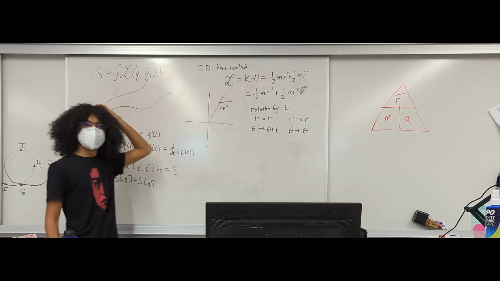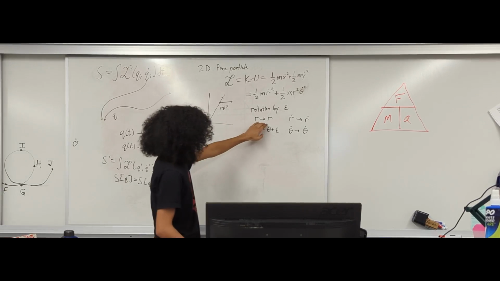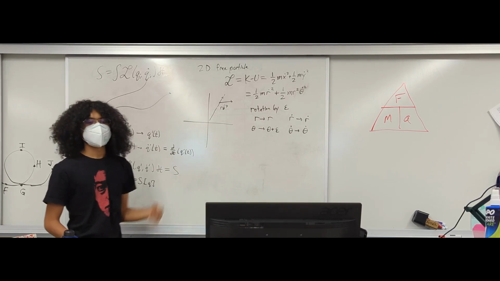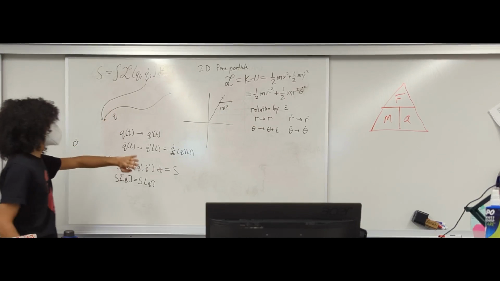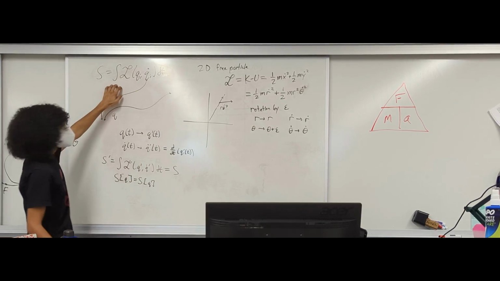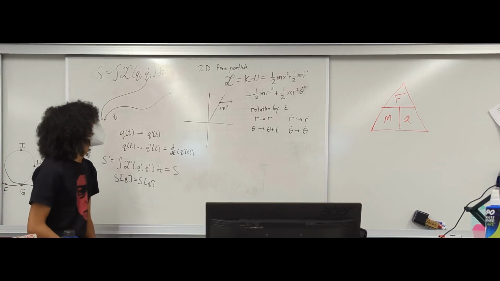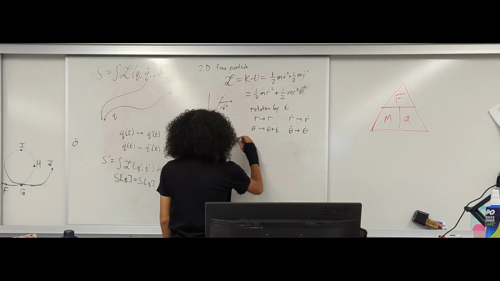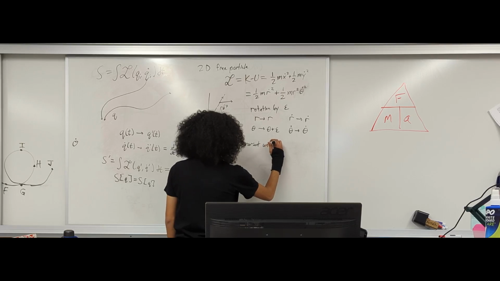No. So if the other stuff stays the same, then the Lagrangian will stay the same. And if the Lagrangian stays the same under a transformation, then we know the action has to stay the same. So we'd just be integrating the same thing. Okay? So this system is invariant under 2D rotations.